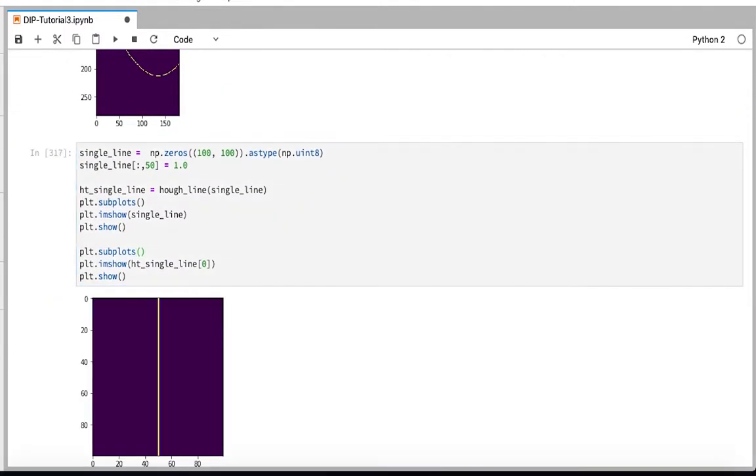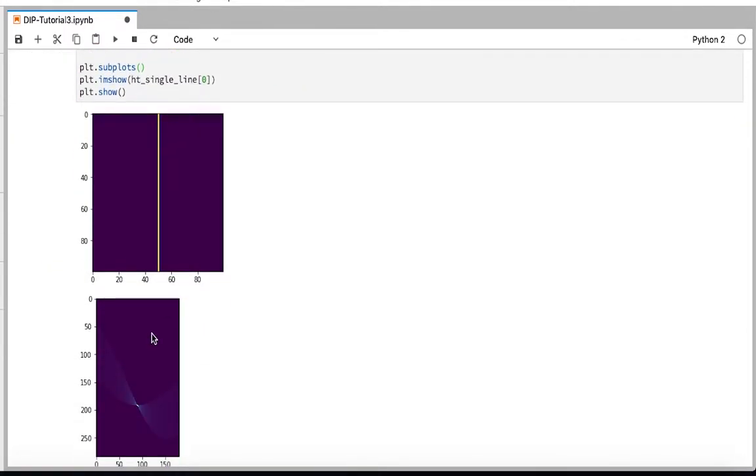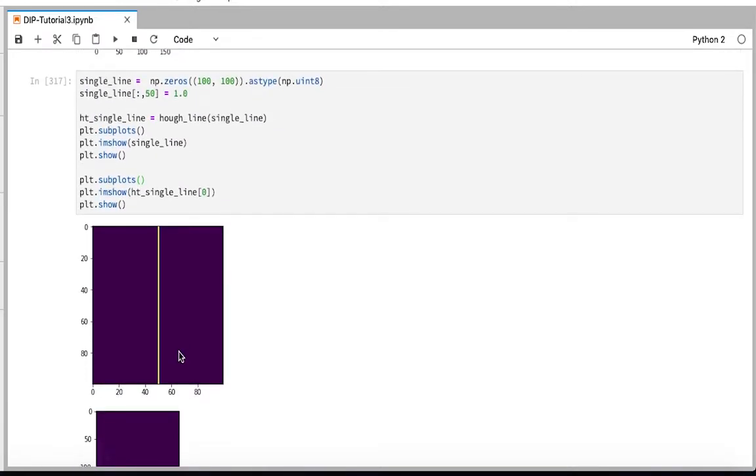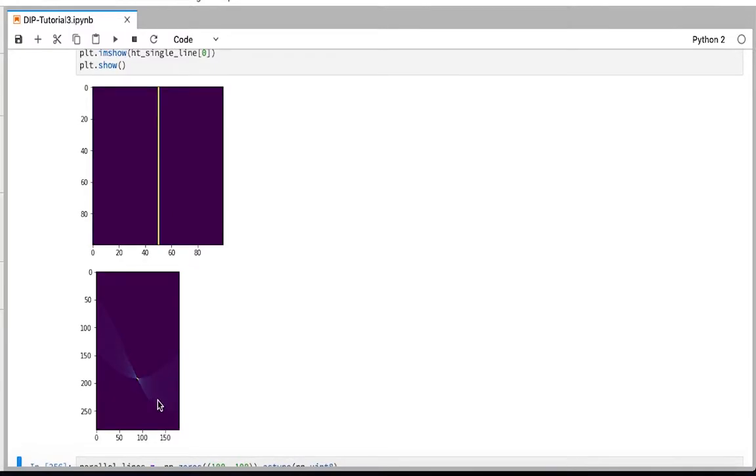Now I visualize this. This Hough space is exactly similar to the sinogram that we saw, which is also parameterized with theta on the x-axis and the absorption profile on the y-axis, right? So these are our angles, and you see that all of them are intersecting at one point.